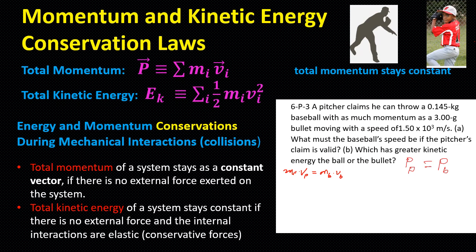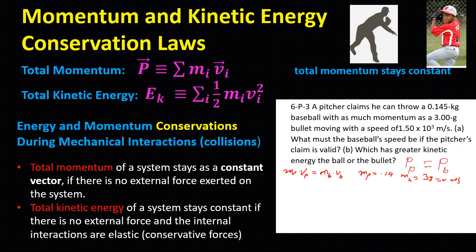What we already know is these two masses. The mass of the baseball is 0.14 kilograms, and the bullet is much lighter, 3 grams, which is 0.003 kilograms. Very small.